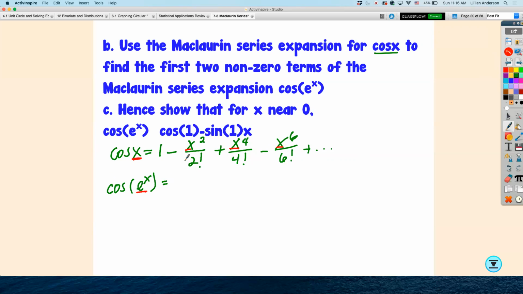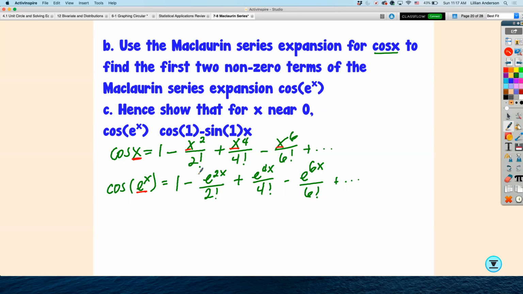It's that whole composite function. So it's still going to be 1. This is going to be e to the 2x over 2 factorial, because technically it would be e to the x squared. A power to a power ends up just being multiplied together. So that's how we get e to the 2x over 2 factorial. This one's going to be e to the 4x over 4 factorial, e to the 6x over 6 factorial, and the pattern continues, okay?